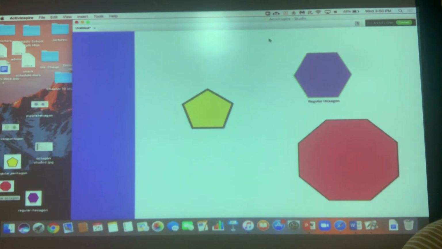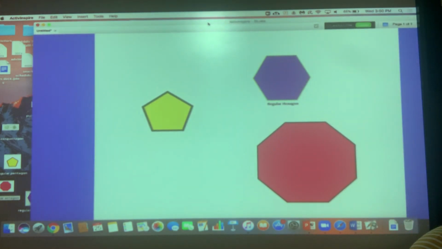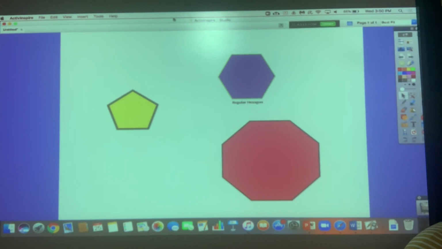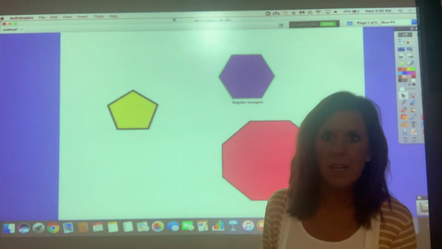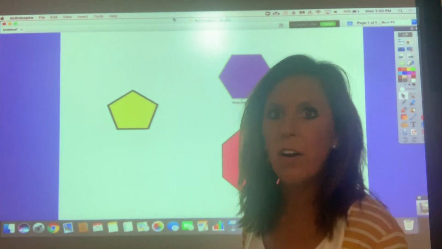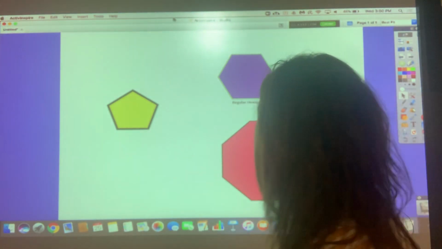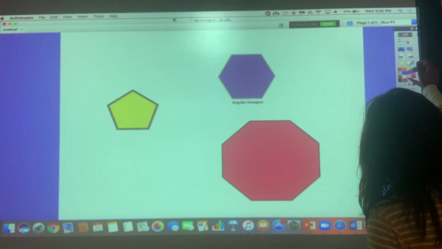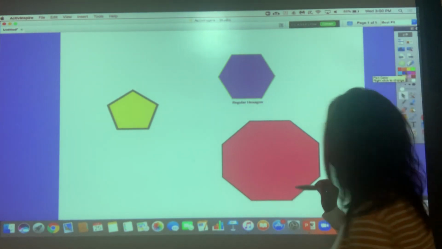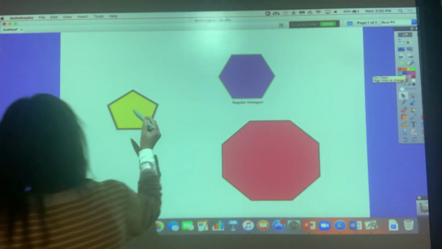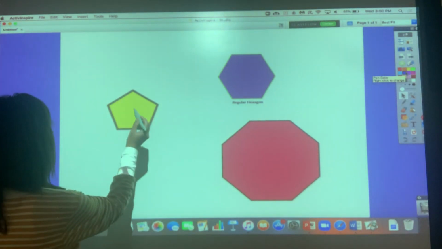Okay, so let's look at how we can use what we know already, what formulas we know already, to find the area of regular polygons. Let's look at this regular pentagon. When you have a regular polygon, you can do this with it.